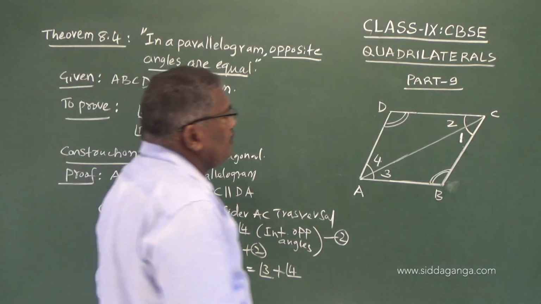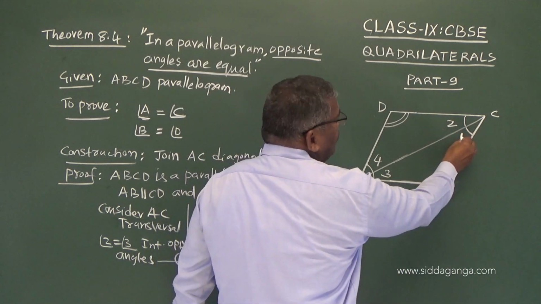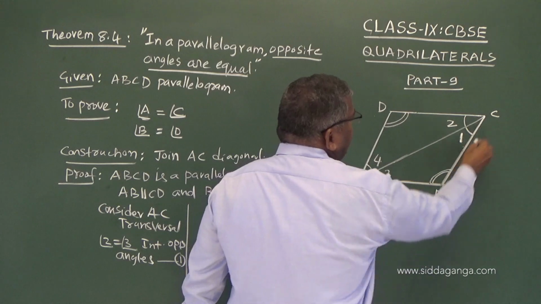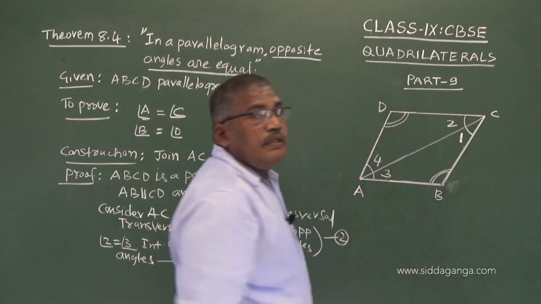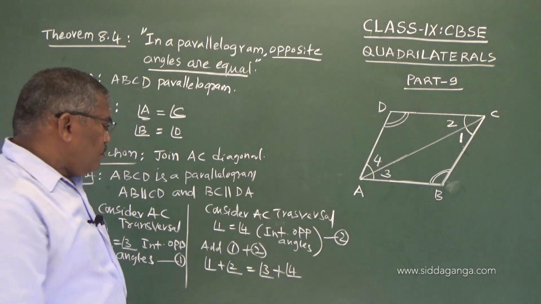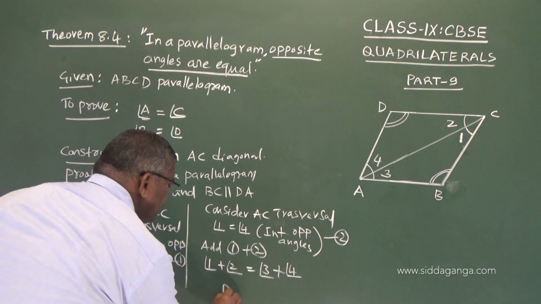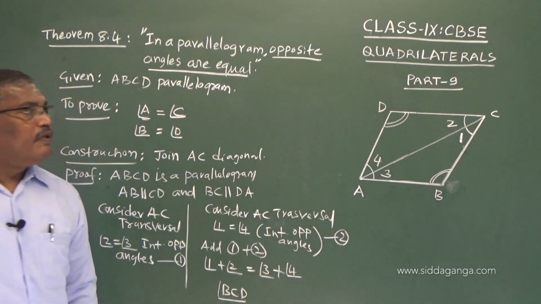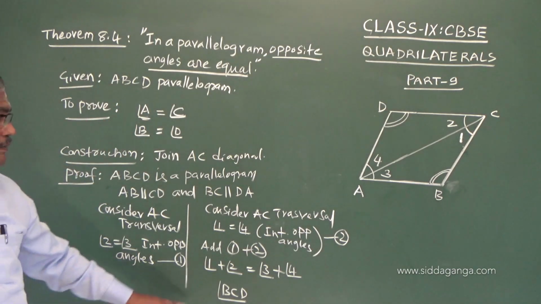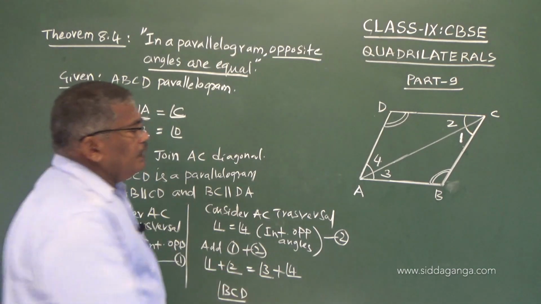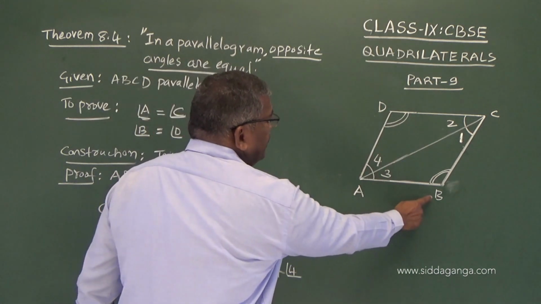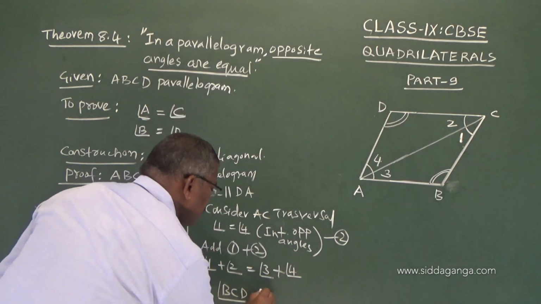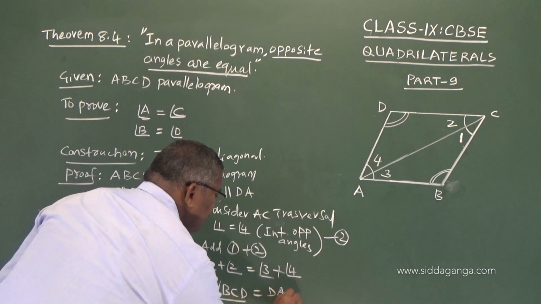Now, observe here, what is angle 1 plus angle 2? Angle 1 plus angle 2 is nothing but this total angle BCD. So, I will write here, angle BCD, and angle 3 plus angle 4 is angle DAB.